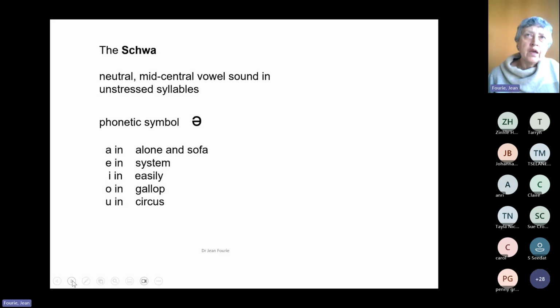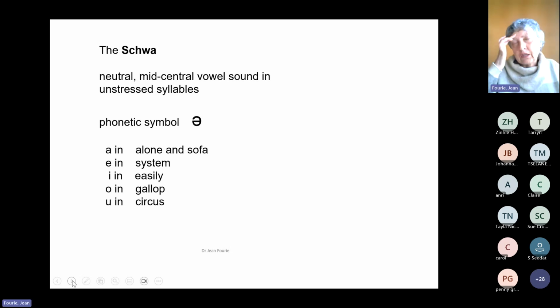You need to be aware that you're hearing a neutral sound, but you need to write it down, because in our conventional grapheme system we write the sound with an actual letter of the alphabet. So we don't use the phonetic symbol, which is an upside down e. We use one of the graphemes, a, e, i, o, or u.